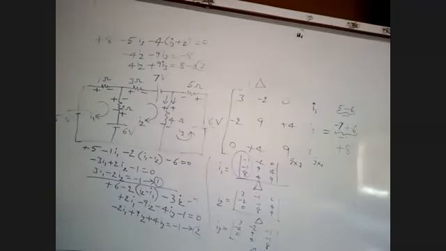You know how to determine the determinant of a 3 by 3 matrix. You can do it at home. In this way, you'll determine the currents I1, I2, and I3.